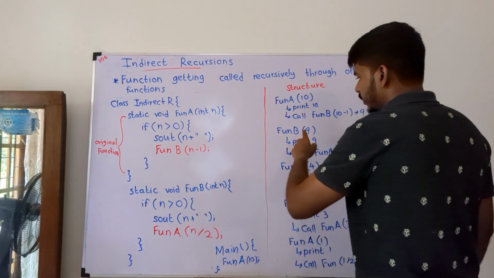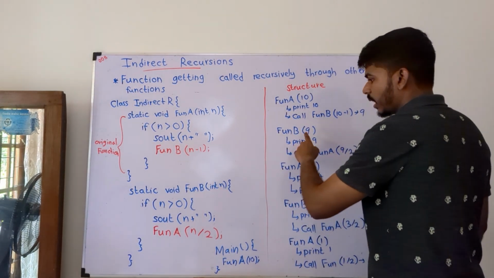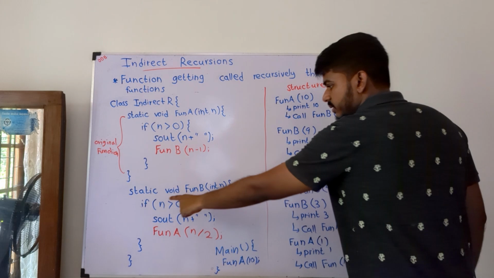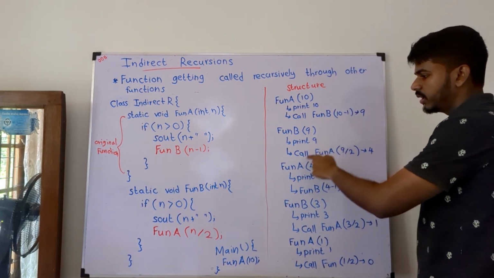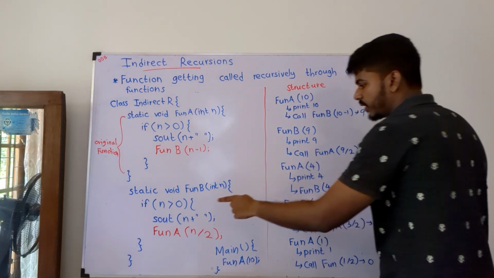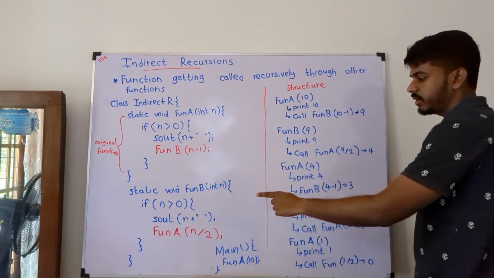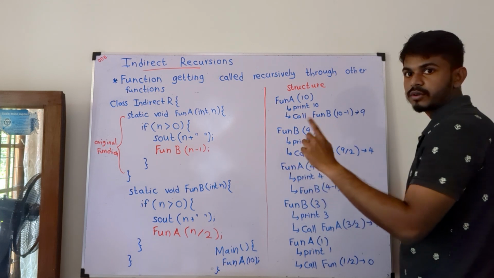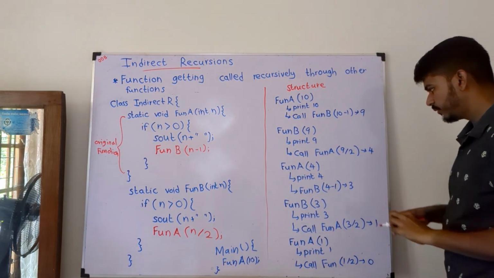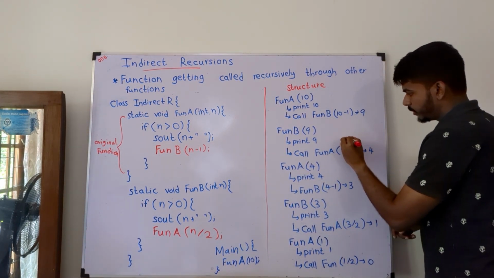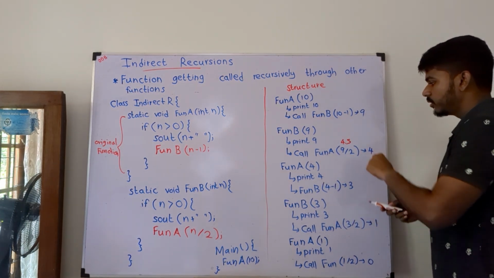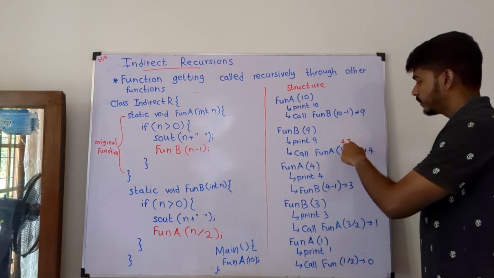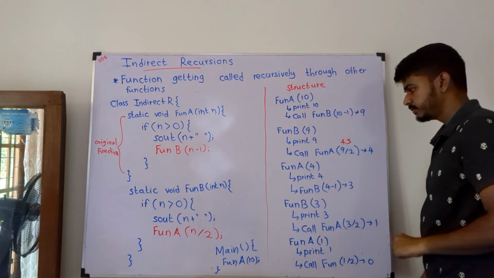Function B takes 9 as an argument, checks whether 9 is greater than 0, yes, and prints 9. After that, it calls function A again by dividing 9 by 2. Dividing 9 by 2 is 4.5, but since this only takes integers, it only takes the integer part of this number, so it is going to be 4.